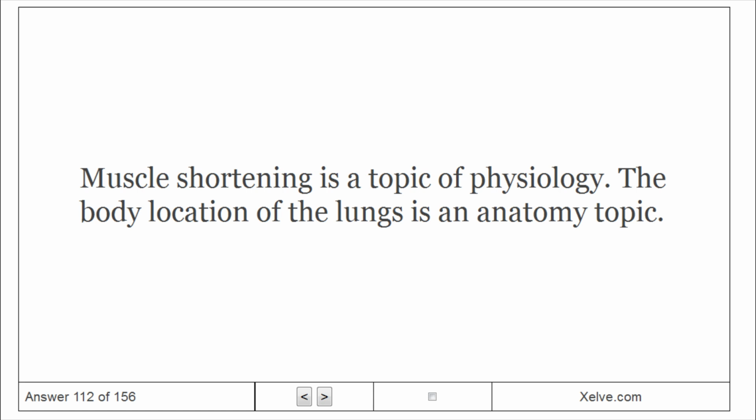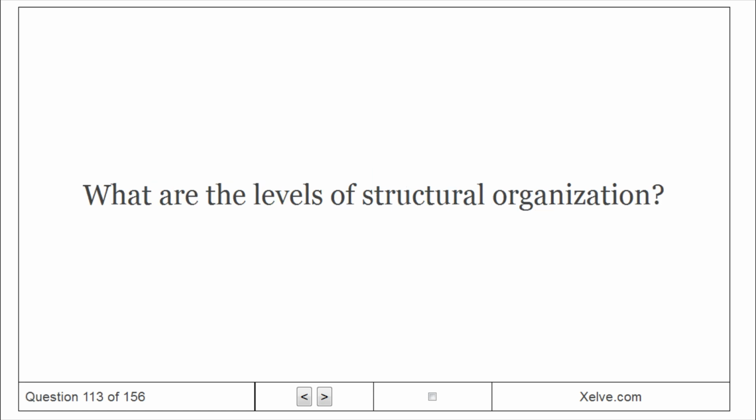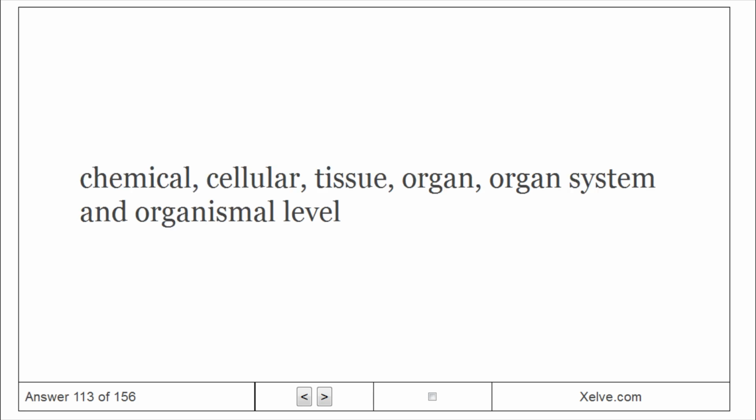The body location of the lungs is an anatomy topic. What are the levels of structural organization? Chemical, cellular, tissue, organ, system, and organismal level.